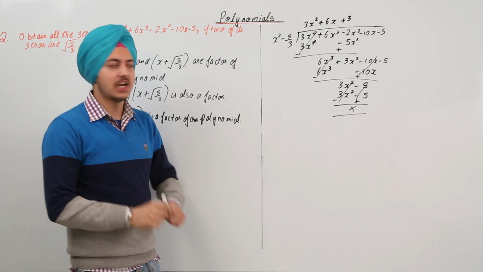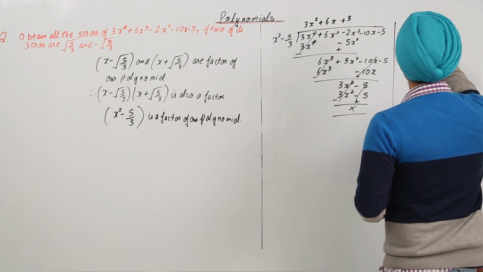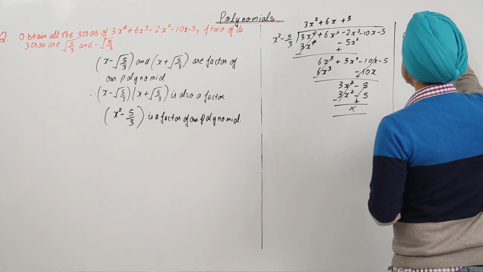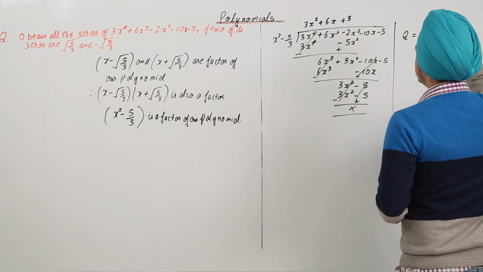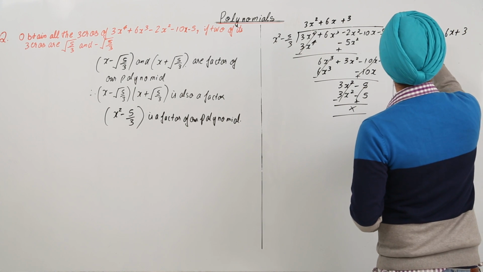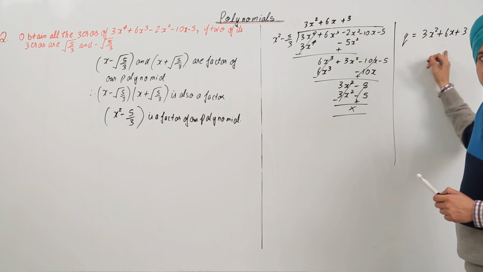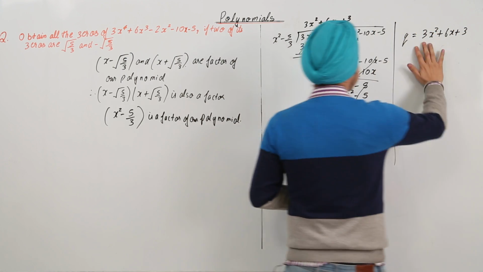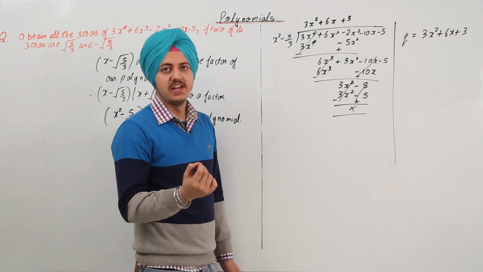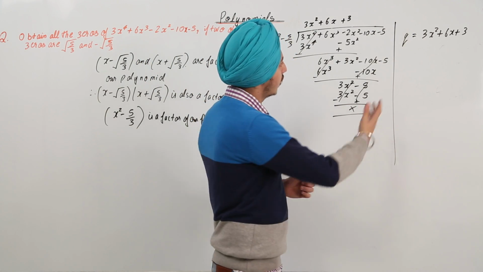Now the quotient that we get is 3x^2 + 6x + 3. The quotient is denoted with small q. So we just factorize this and we get our needed zeros. Correct? So how do we factorize this?